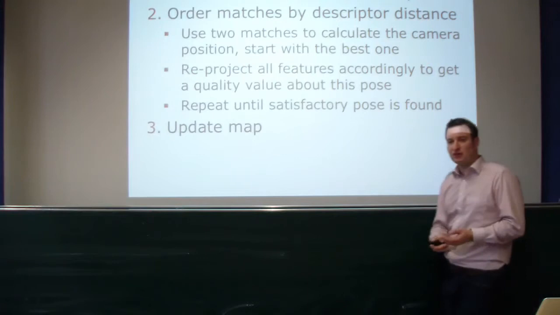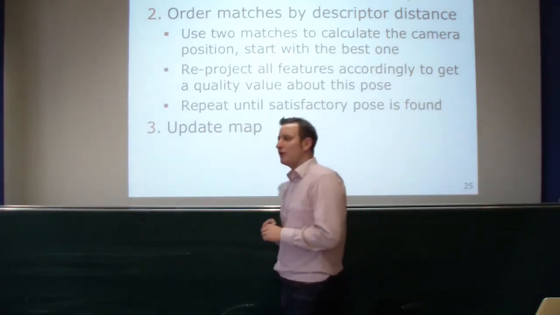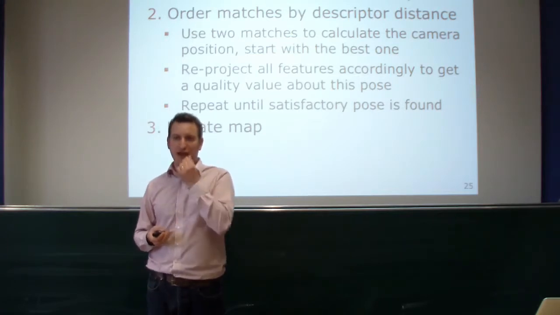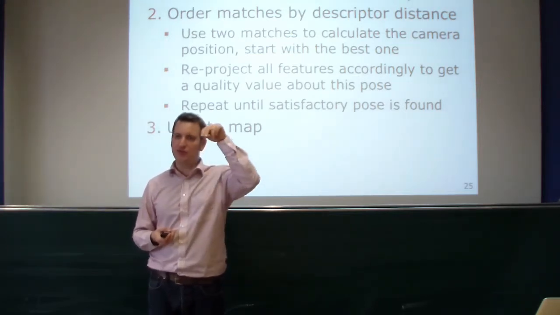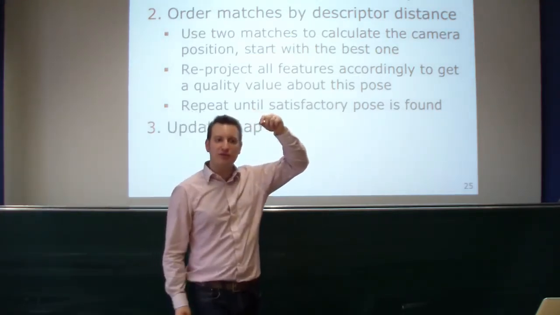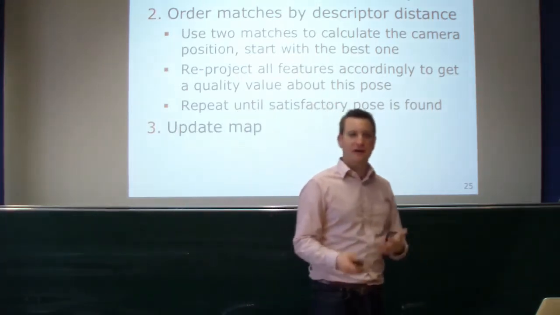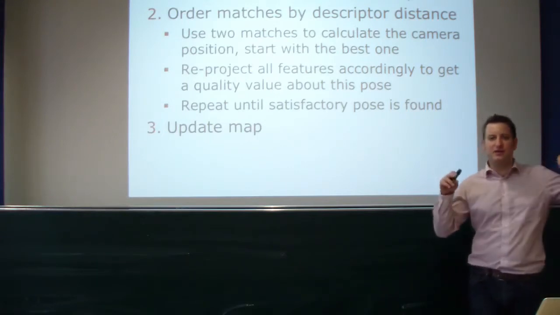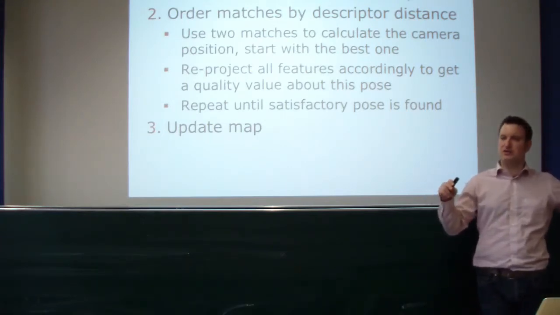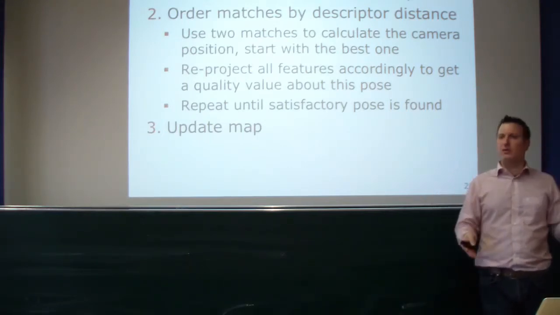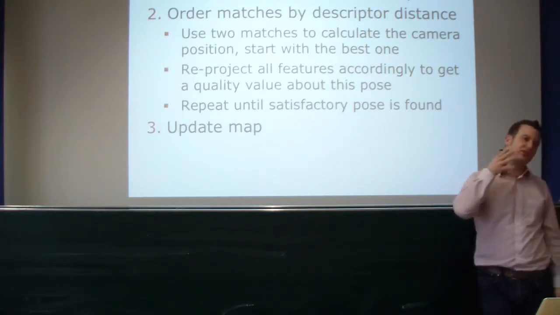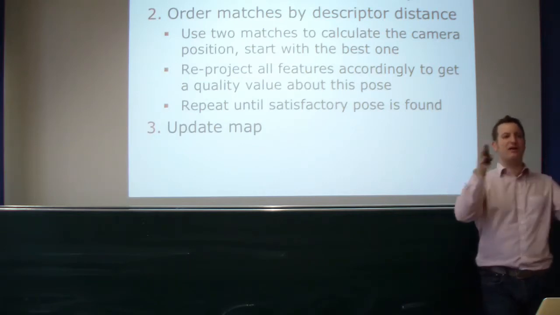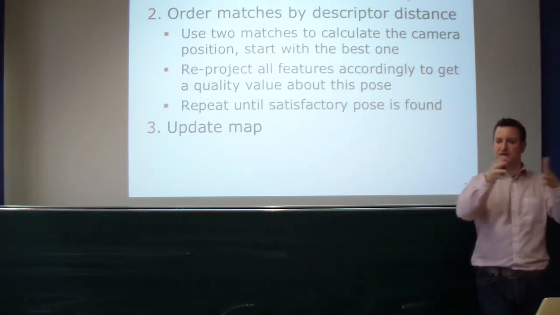So how do you do that typically? You typically have a lot of features, so you need an efficient way for querying features which are close in descriptor space. So we're not talking here about X, Y, Z space, where the points are in space, but the descriptor space, which for SIFT or SURF is either a 64 or 128 dimensional vector, and you want to have nearest neighbor queries which are done efficiently. The stupid way would be just to store all of them in a list, and pick every feature and compare the current feature descriptor against each feature descriptor.